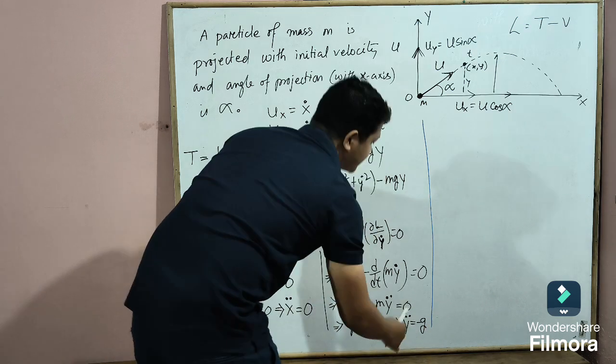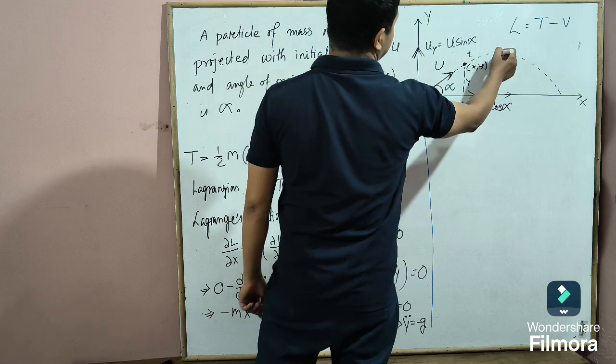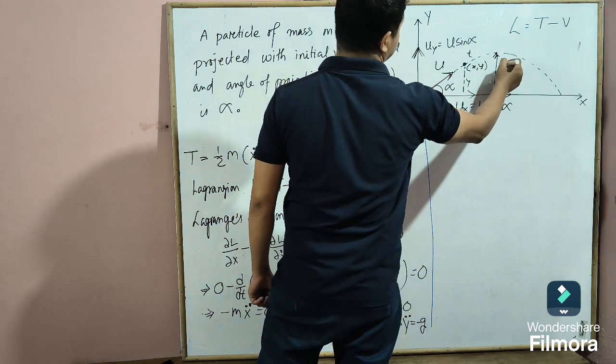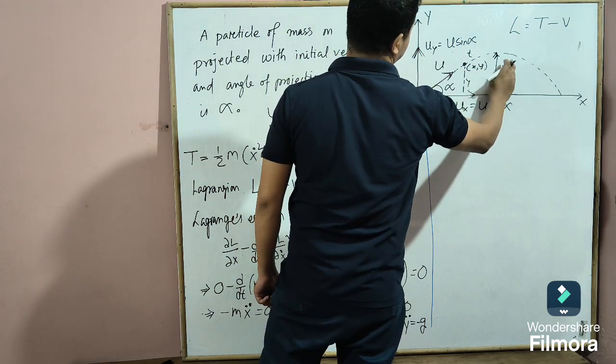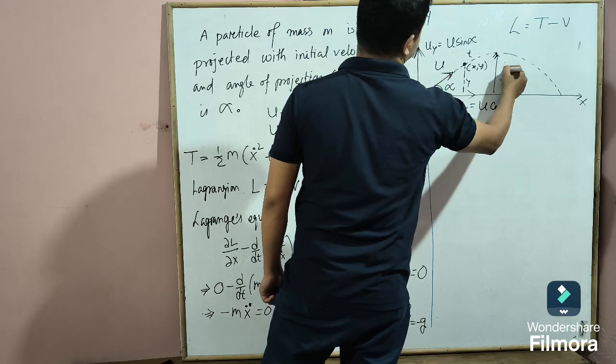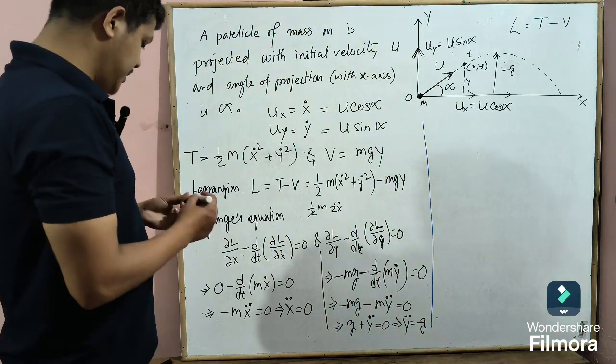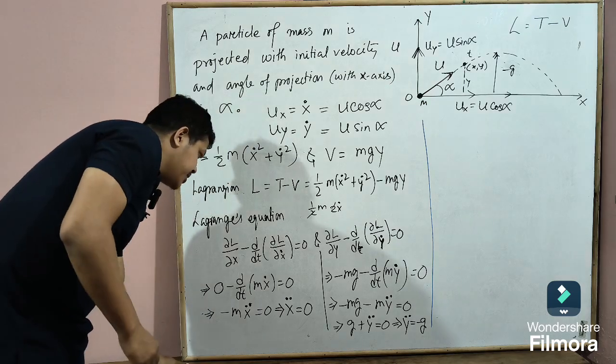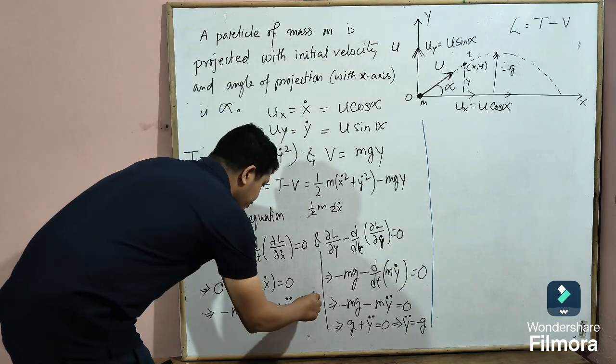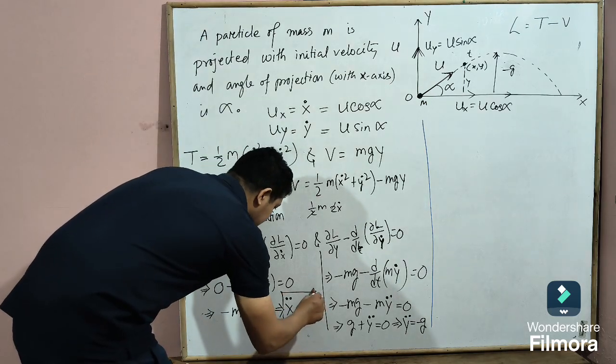That means the acceleration along the y-axis is the acceleration due to gravity, which is minus g because it is downward. So these are the two Lagrangian equations of motion for this projectile motion.